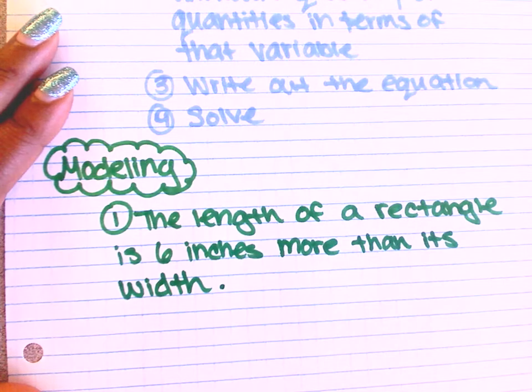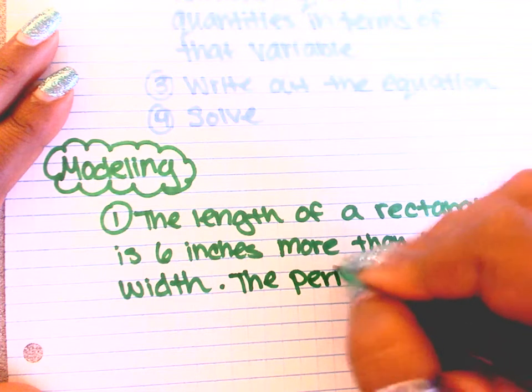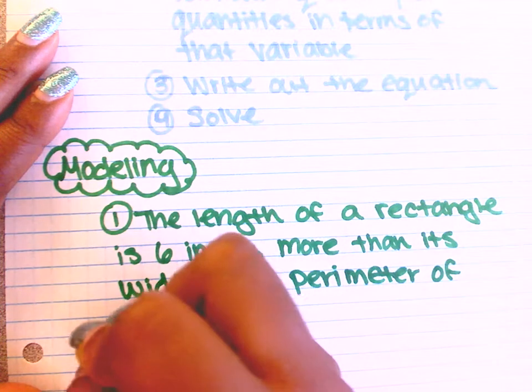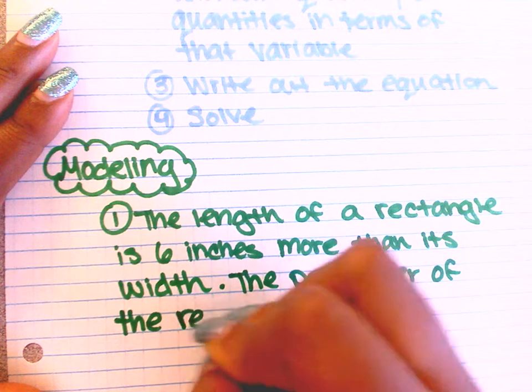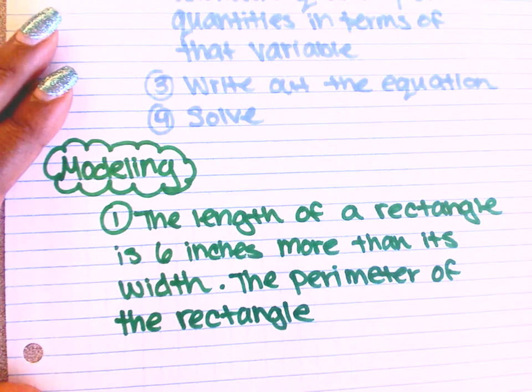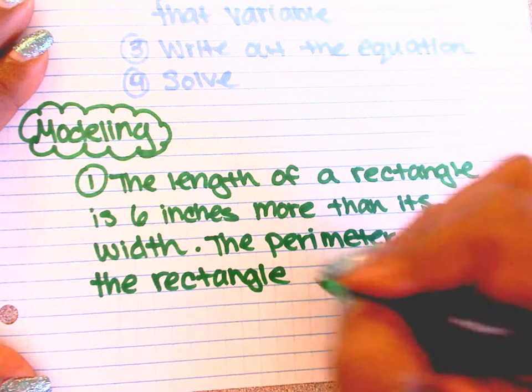First sentence. We have 3 sentences. The perimeter of the rectangle, write that down. The perimeter of the rectangle is 24 inches.